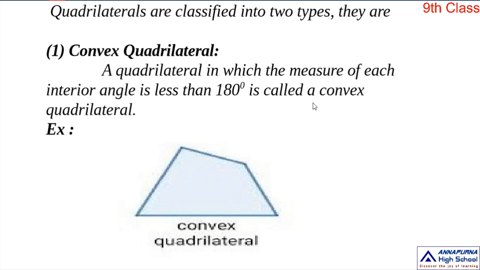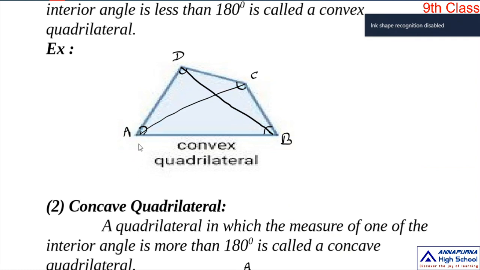A quadrilateral in which the measure of each interior angle is less than 180 degrees is called a convex quadrilateral. See the figure. A, B, C, D is a convex quadrilateral.